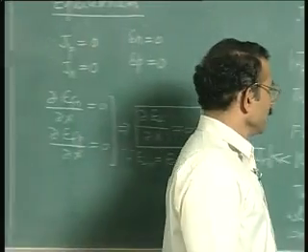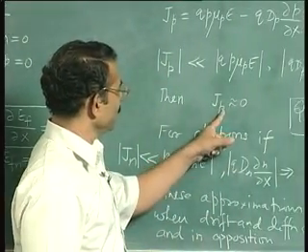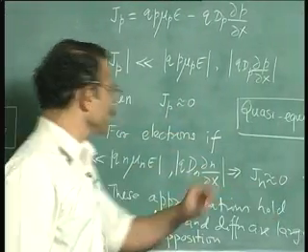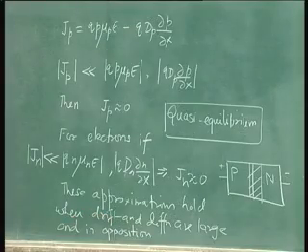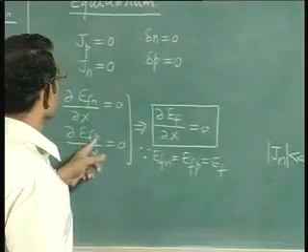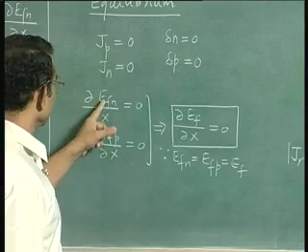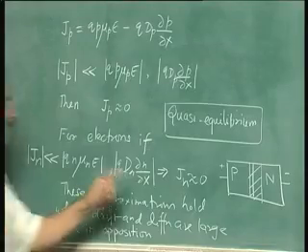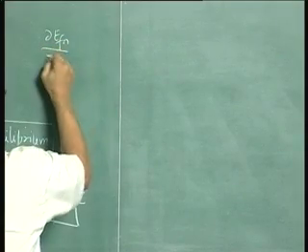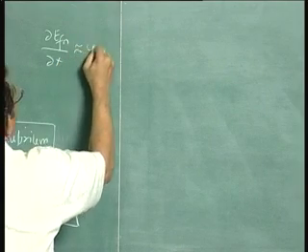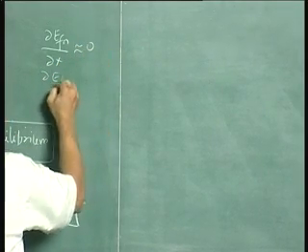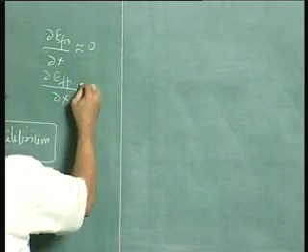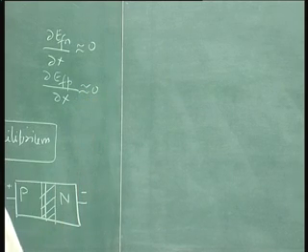Now let us interpret this Jp approximately equal to Jn approximately equal to 0 in terms of the quasi-Fermi levels. Okay, so if you interpret in terms of these, you will get instead of this equal to sign, an approximately equal to sign. So under this kind of quasi-equilibrium condition, you will have dou Fn by dou x approximately equal to 0 and dou Fp by dou x approximately equal to 0.